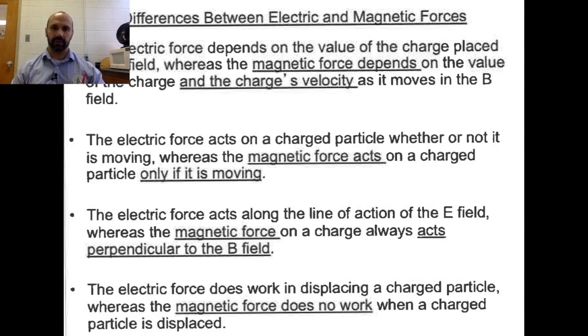There's only a force on a charged particle from a magnetic field if the particle is moving. And we'll see that in the equation, F equals QV cross B. Well, it's coming up. An electric field produces a force on a charged particle whether it's moving or not. So that's a difference.